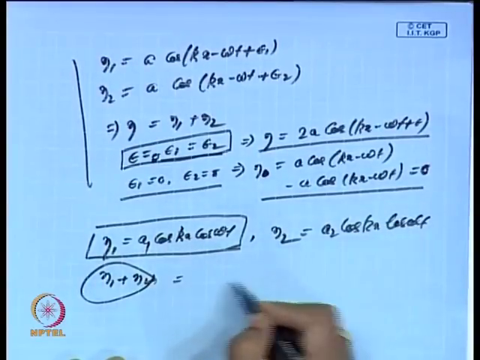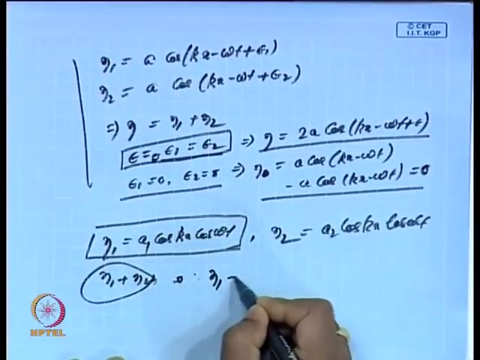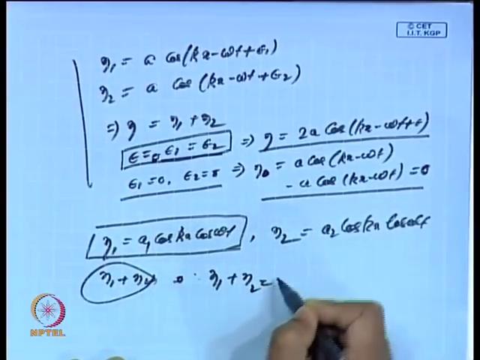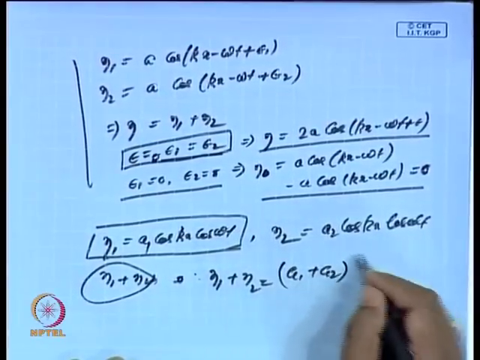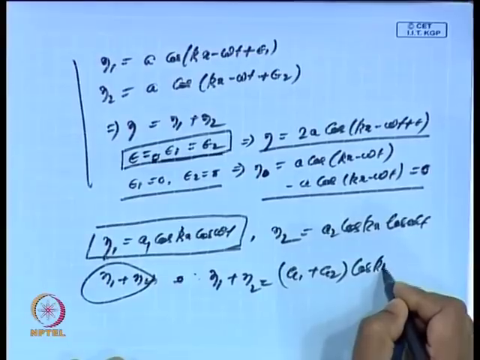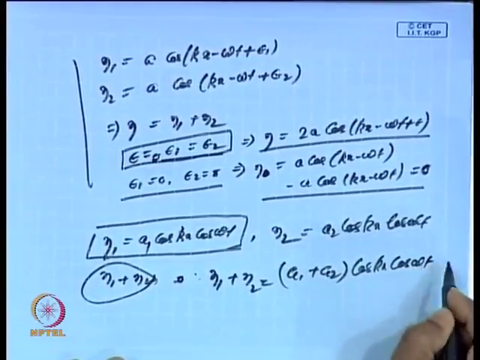Similarly, we can say that the resultant will be eta 1 plus eta 2 is equal to (A1 plus A2) into cos kx cos omega t.